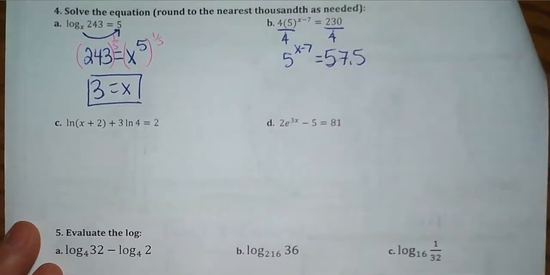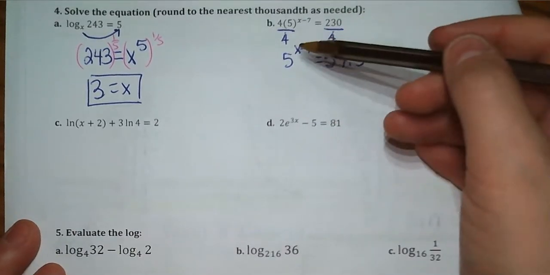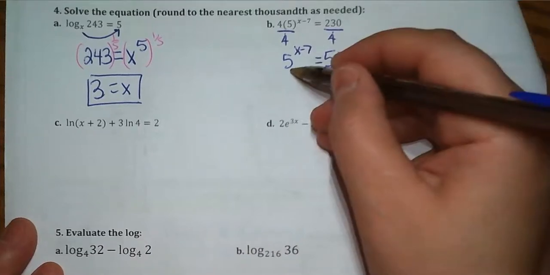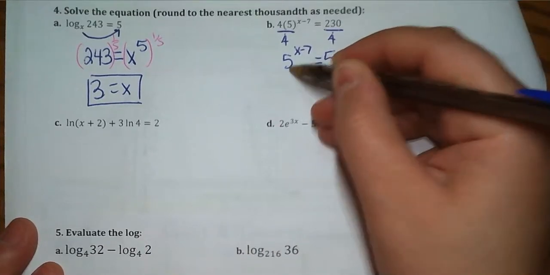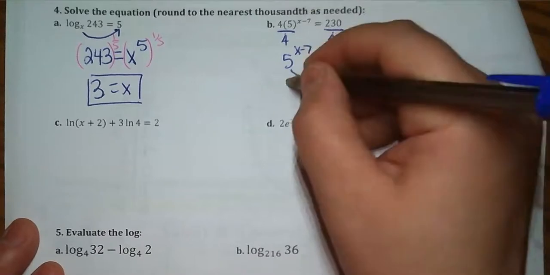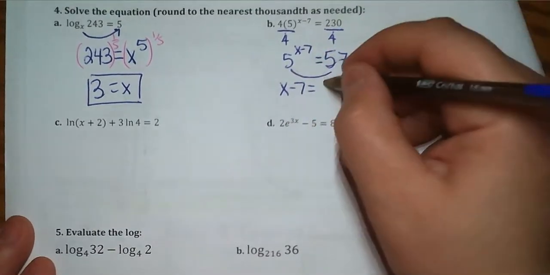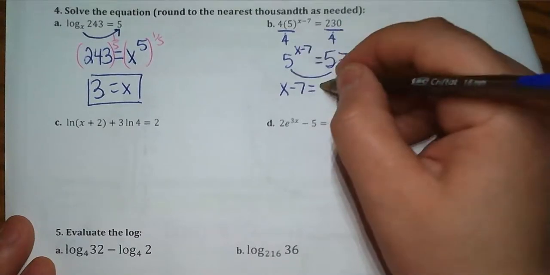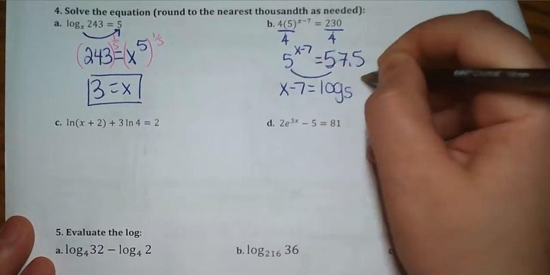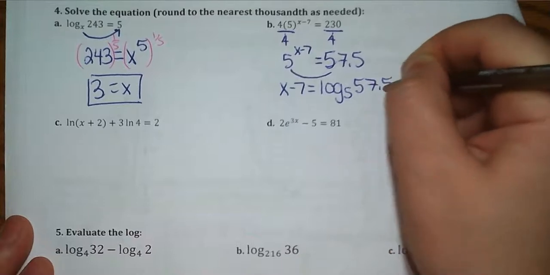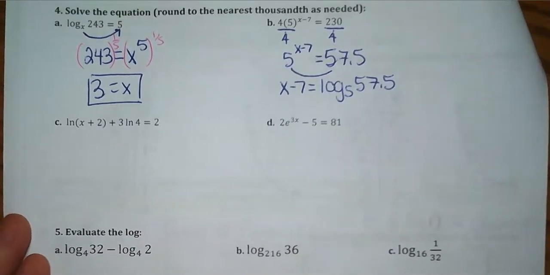The only way to bring that exponent down on the level with the rest of the question is to convert this to a log. So I'm going to swing this 5 across the equal sign. That brings the exponent down on the level with the rest of the question. And that base of my exponent becomes the base of my log. So log base 5 of 57.5.